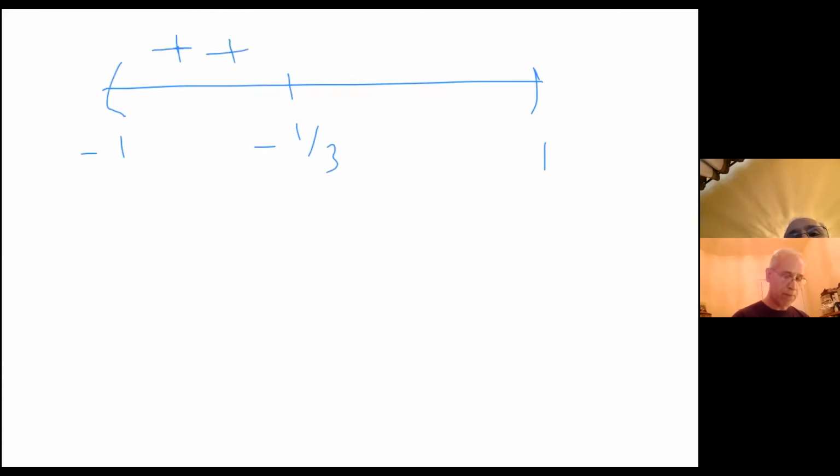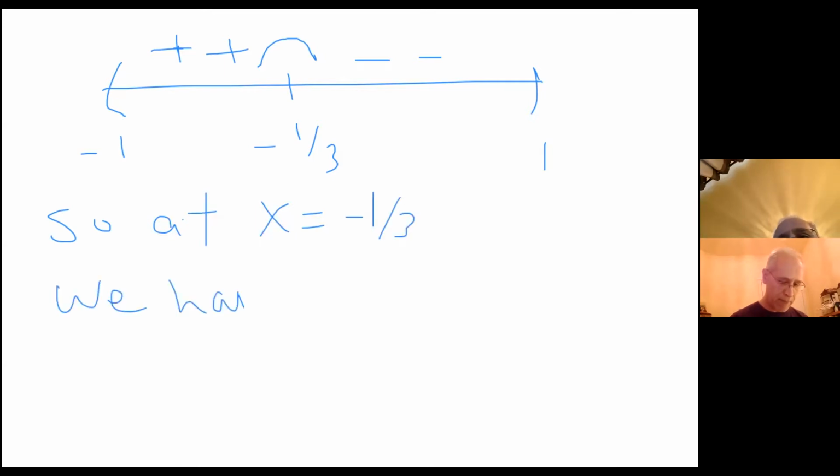To the right, I get negative values. So I have a maximum there. At x equals negative 1/3, we have a maximum.